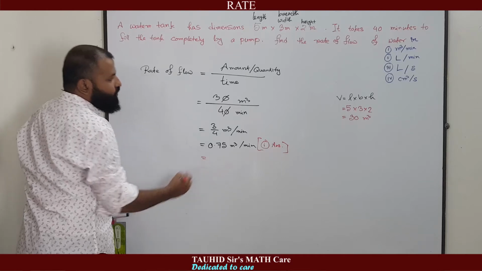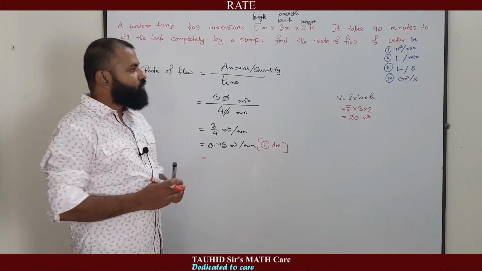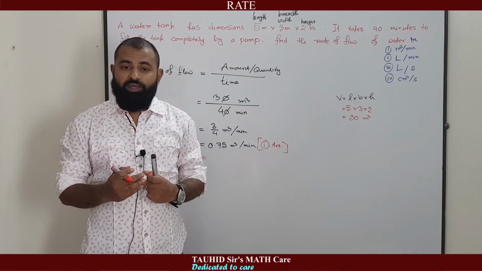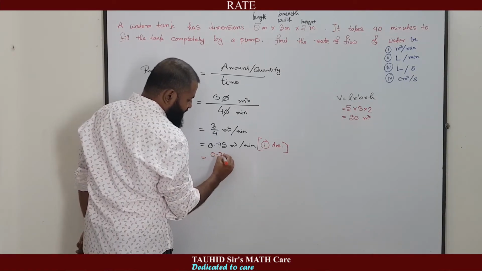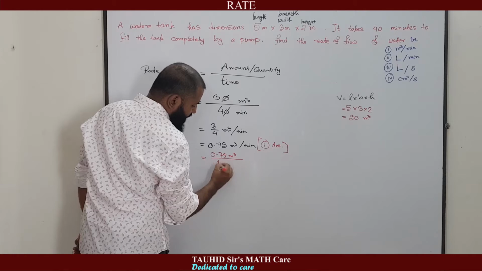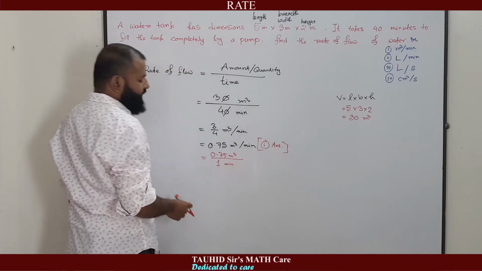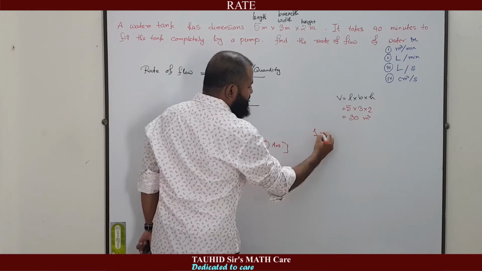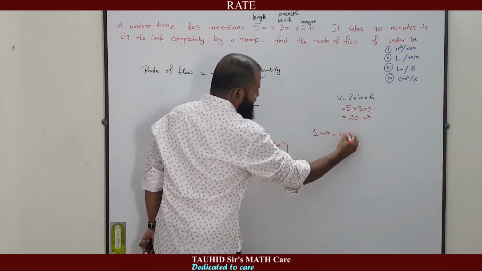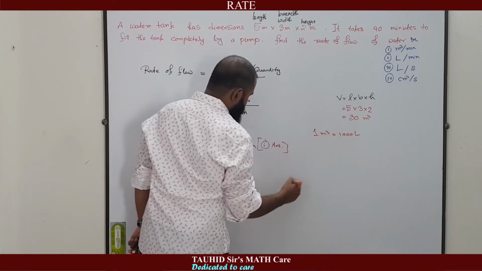In case of question 2, what should we do? We need to convert meter cube into liter. This means 0.75 meter cube in 1 minute. So you need to convert this meter cube into liter. 1 meter cube equals 1000 liter. All of us know that.